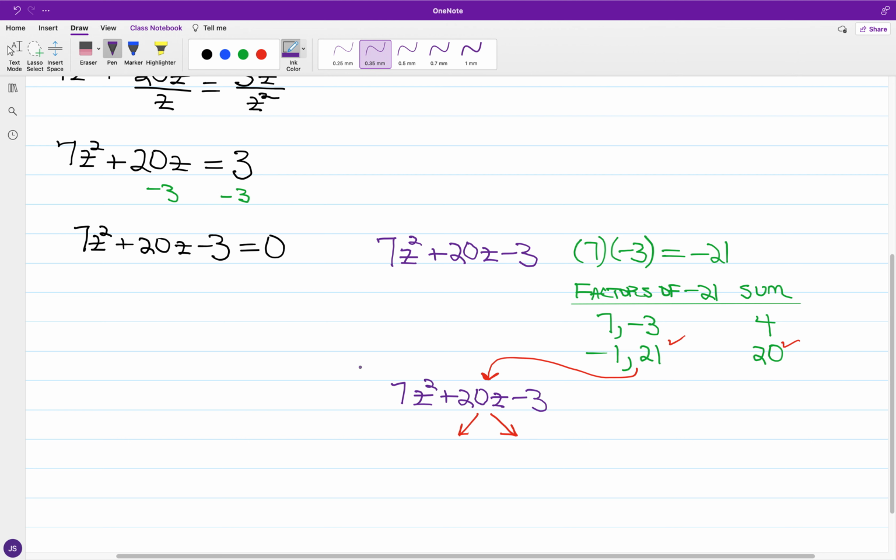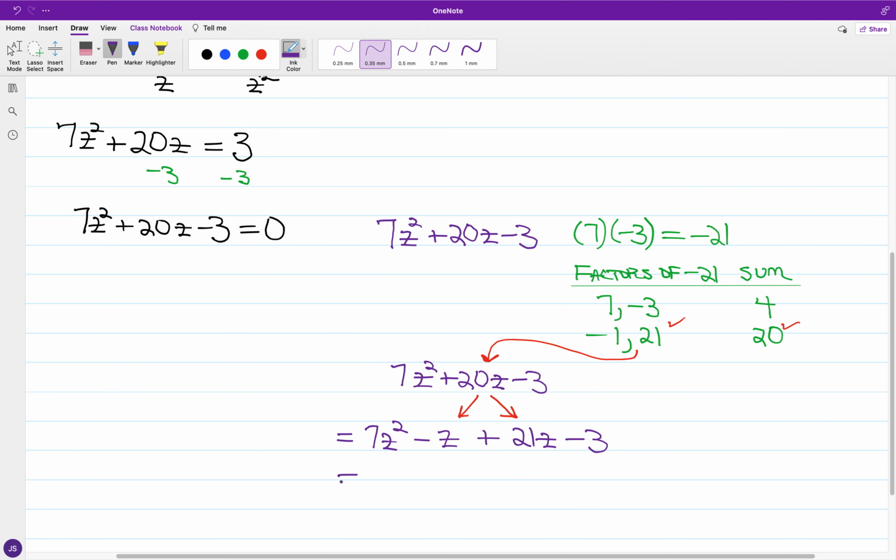Now, for what we have in this sequence of terms, we have 7z squared minus z, and we have plus 21z minus 3.